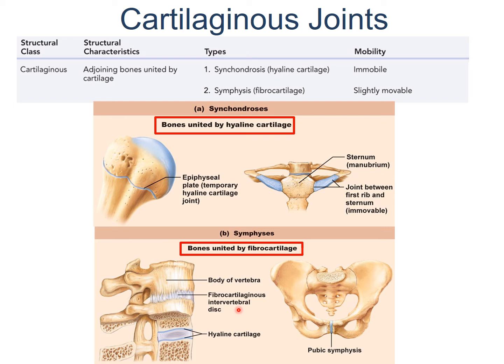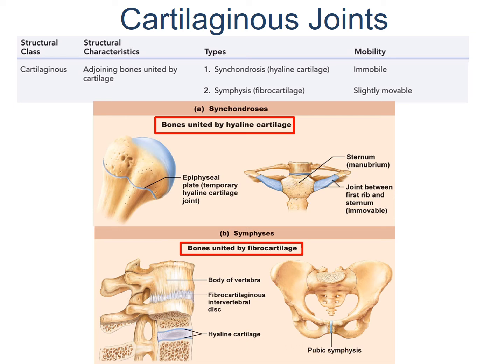That was the location of fibrocartilage, the intervertebral discs in between the vertebrae. And so that's the example I expect you to know for the exam. But obviously in between the coxal bones, there is a padding of fibrocartilage, and they call that the pubic symphysis. Okay, so there are other examples of symphyses in the human body.